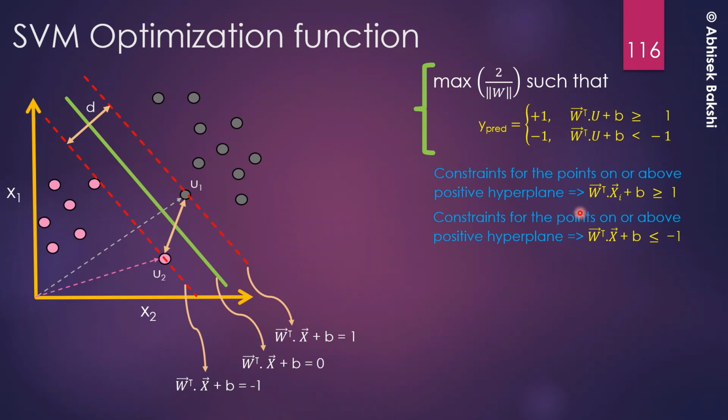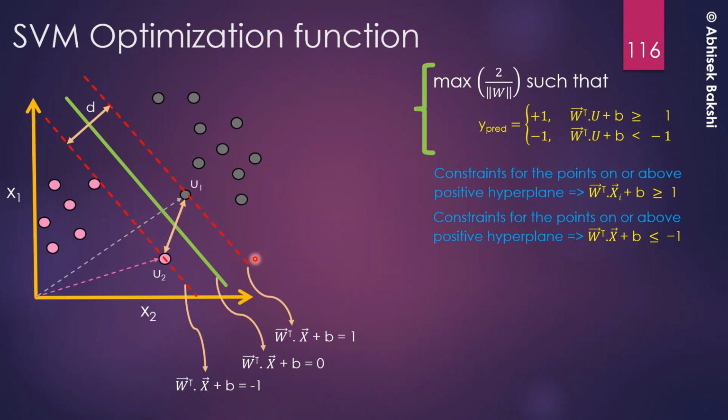Y pred is something like this. But you see, why have I written +1 here and -1 here? Because we don't want to keep any point somewhere within these two red parallel lines. Remember, this particular point is the last point to this parallel line.